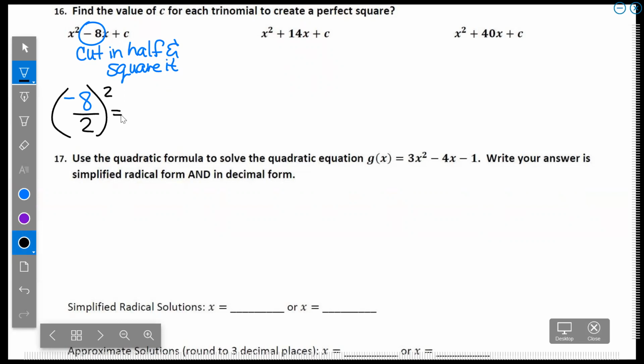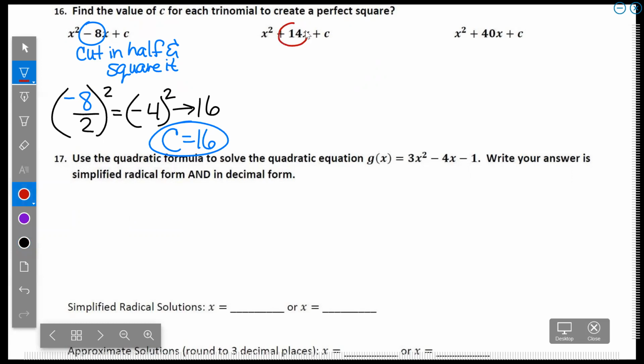What happens if I take -8 and I cut it in half? I get -4. What does it mean to square something? Times it by itself. What is -4 times another -4? +16. So the value of C that we were looking for is 16. Over here in the middle, same exact path.